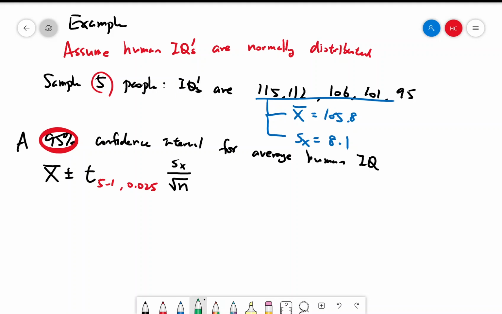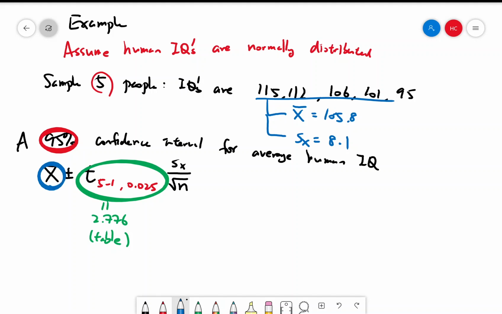If you remember from the previous page, this value t is equal to 2.776 according to the table. All the other values we know: x bar is 105.8, s is 8.1, and the sample size is 5. We can use the calculator to calculate the confidence interval, which is 105.8 plus minus 10.0559.